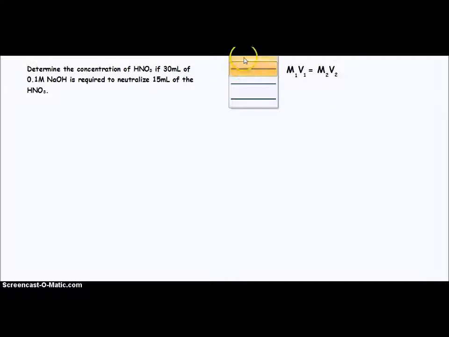So what we do is we just set it up where we have the initial concentration. I'm going to do sodium hydroxide on the left. We have 0.1 molar sodium hydroxide times 30 milliliters. Now we have to get this into liters, or both of these into liters.